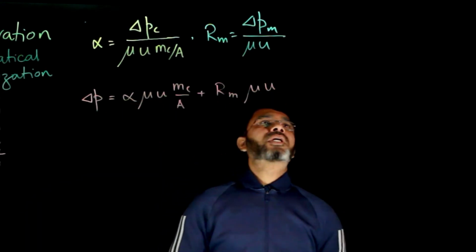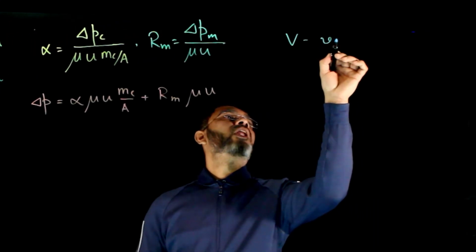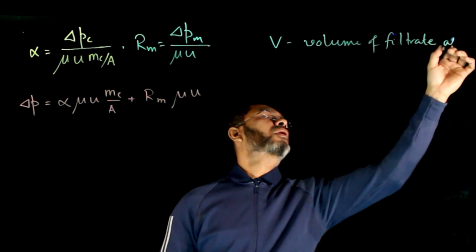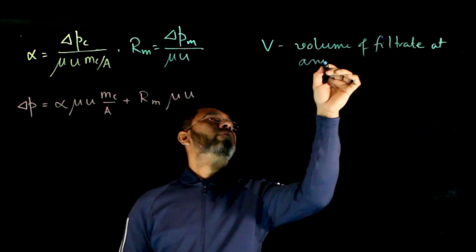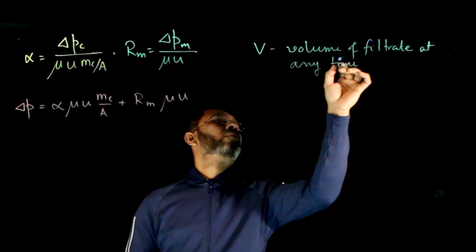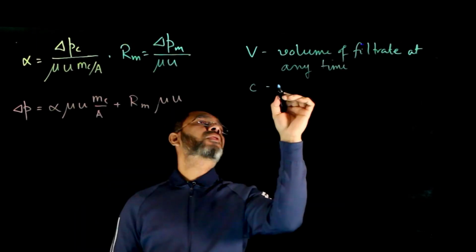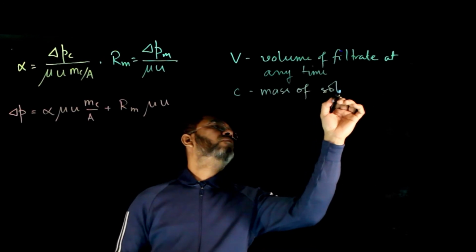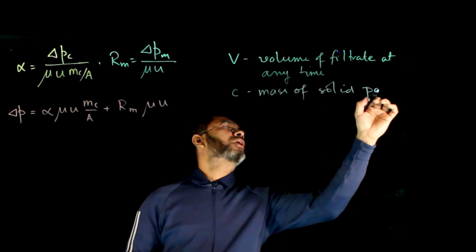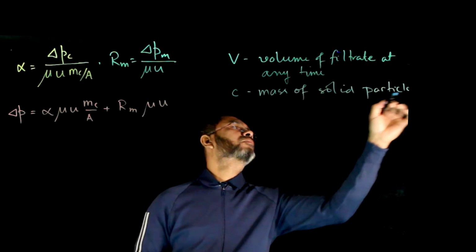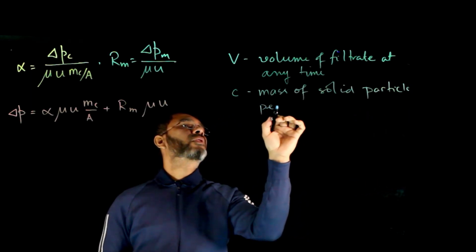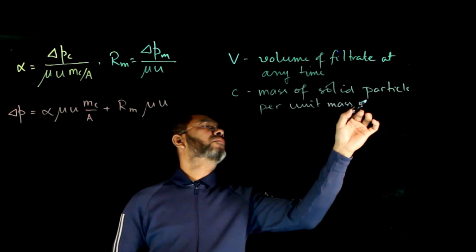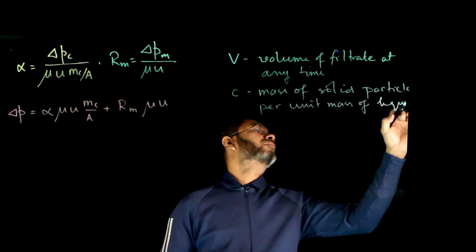Now we define two terms: V, the volume of filtrate at any time, and C, the mass of solid particles per unit mass of liquid.